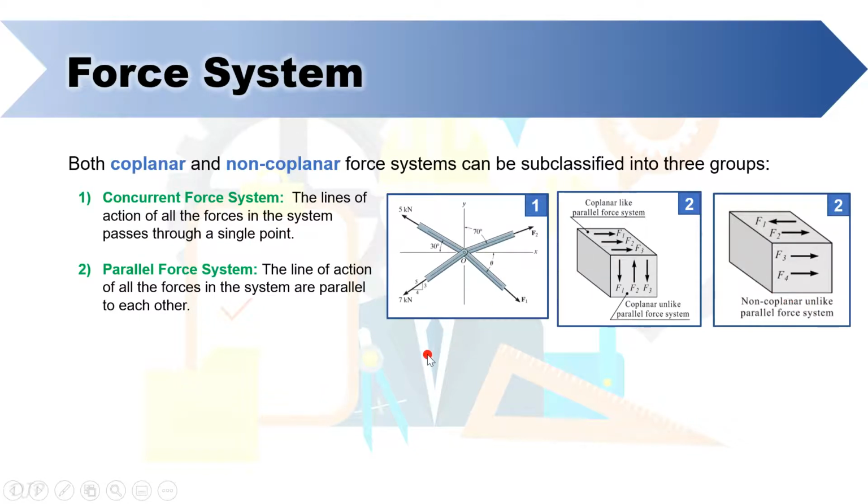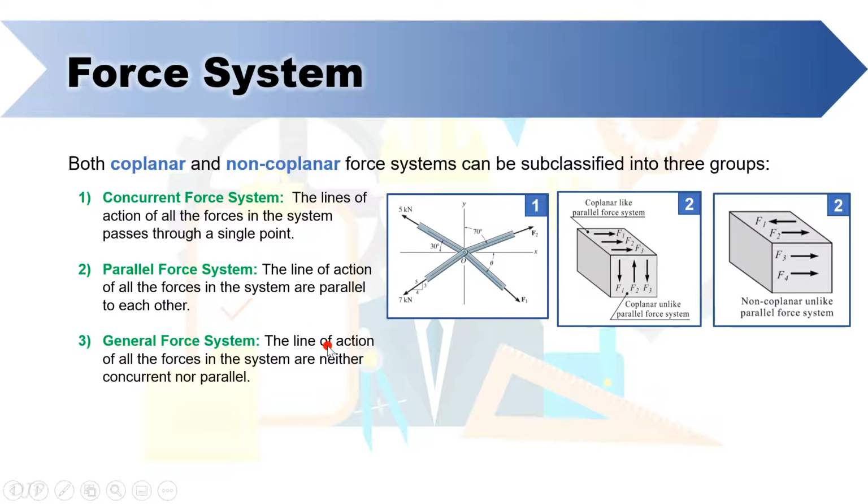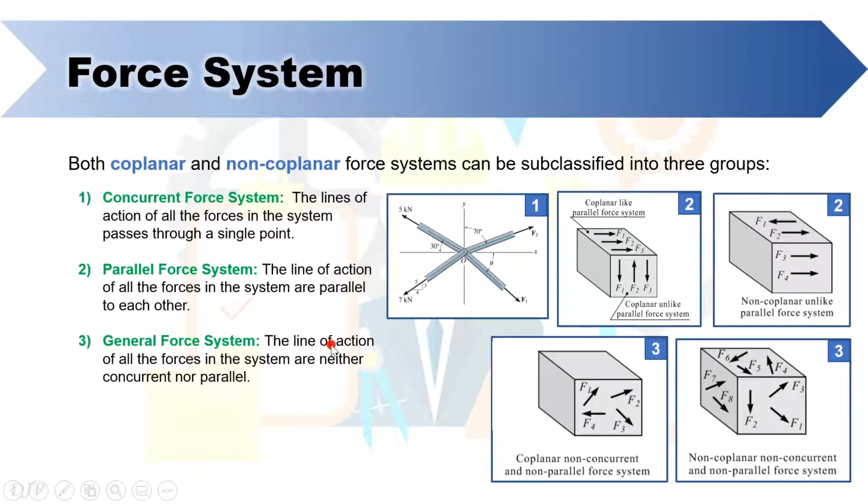So let's proceed with another subclassification, which is the general force system, in which the forces are neither concurrent nor parallel. This means they cannot be further classified by these first two subclassifications. These are examples of how it looks.